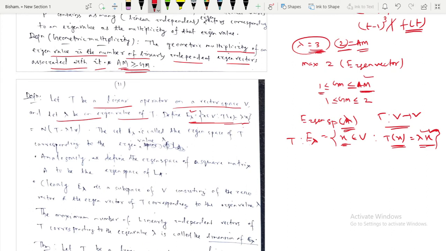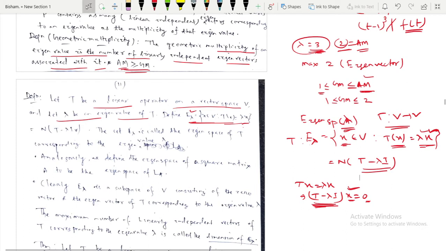Or we can say this is the null space of T minus lambda I, because Tx equal to lambda x means T minus lambda I applied to x is equal to 0. In this way we evaluate this x. T minus lambda I is an operator, and when it operates on some x and gives 0, we are calculating the null space of T minus lambda I.